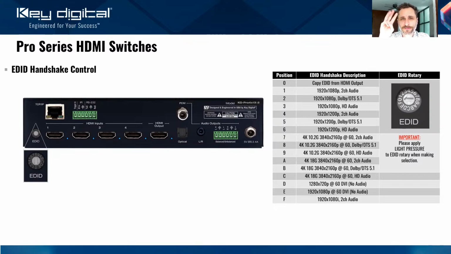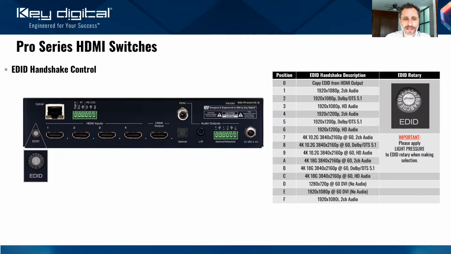Usually it's 3 options for each resolution. So it's the resolution with a 2-channel audio format, a 5.1 and a 7.1 HD audio format. And we even give you 4K resolution in 10G or 4K in 18G. We have some 1920 by 1200 in here.